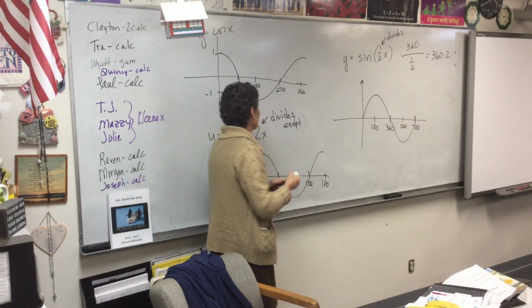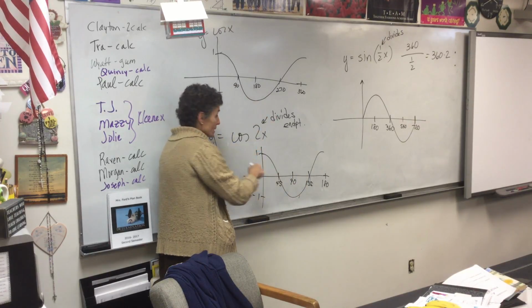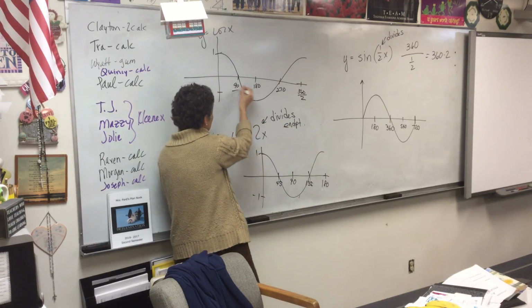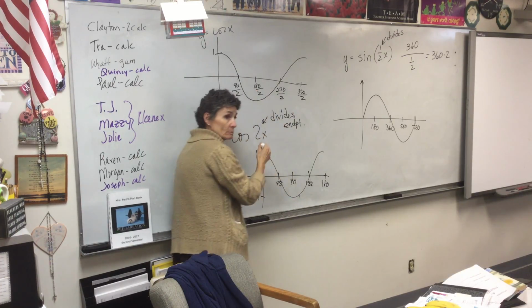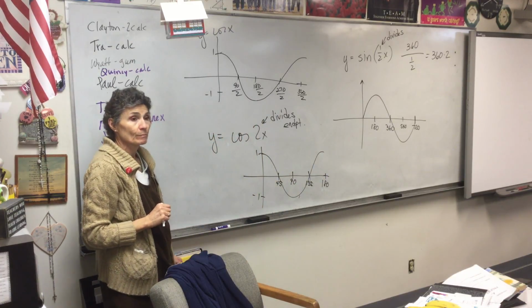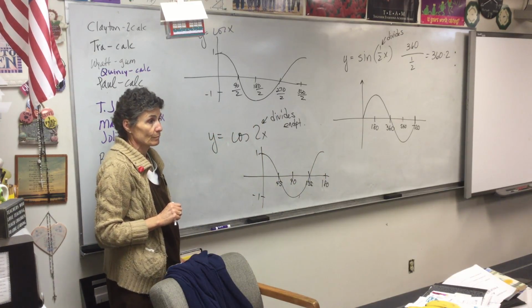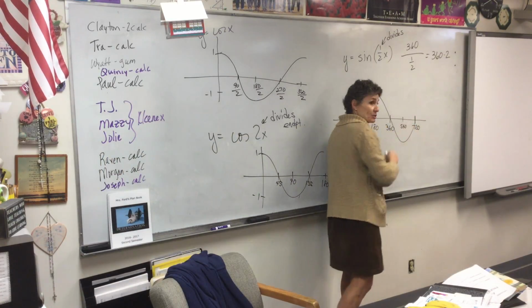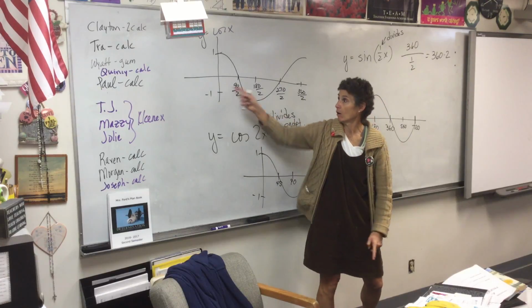Now what else you can do is go back to the original. To get the 180, you divided that by 2. You can divide all of these by 2. And that will be another way you can get those numbers. Or over here, times everything by 2. Over here, we multiplied all of those by 2.